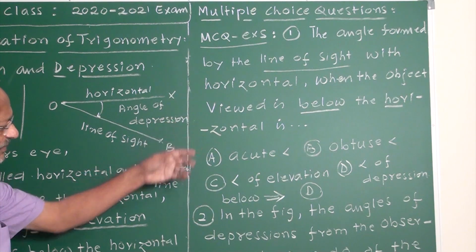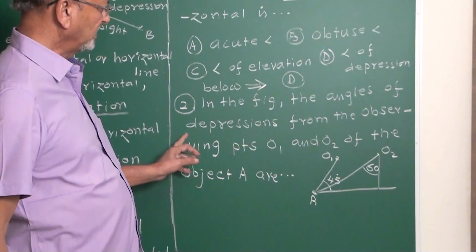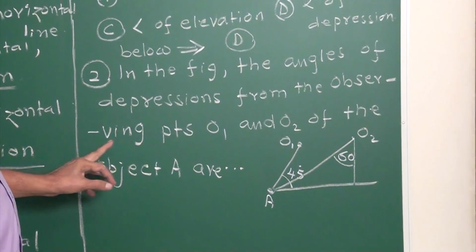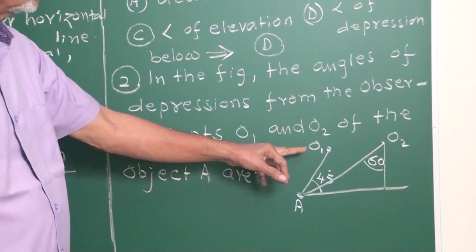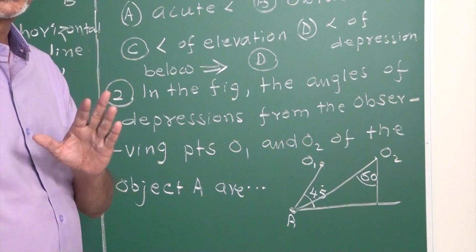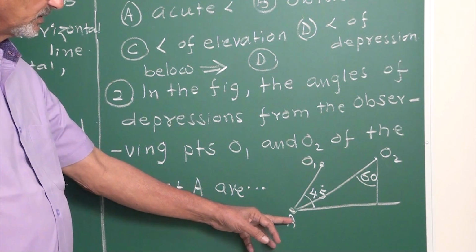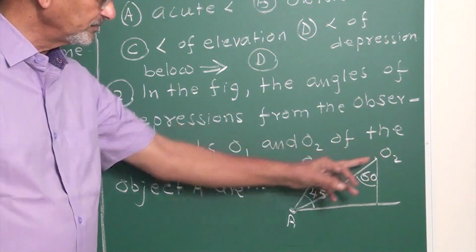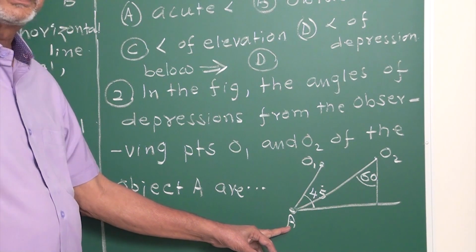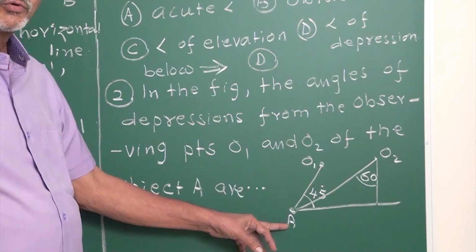Quite simple. In this figure, my friends, in the figure, the angles of depression from the observing points O1 and O2. This is O1, this is O2. You want the angle of depressions of the object A. The object is here, my friend. These are observing points. This is object A. You want angle of depressions, which means you must look down, not above.